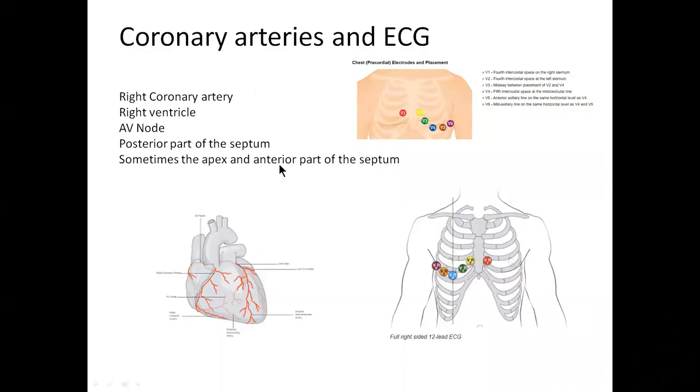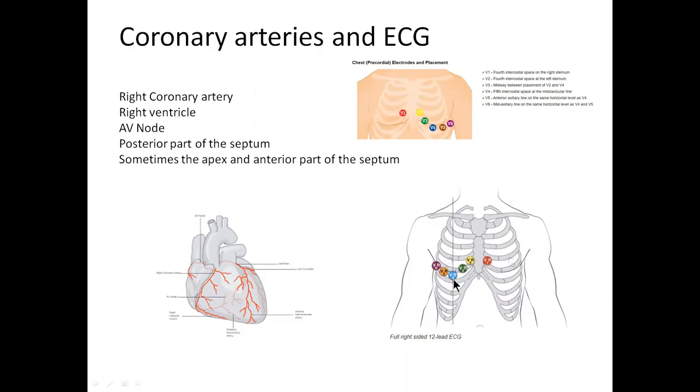Now, for that, this is where we traditionally place the ECG leads, but now we do just the opposite and place them on the right side using the same landmarks.